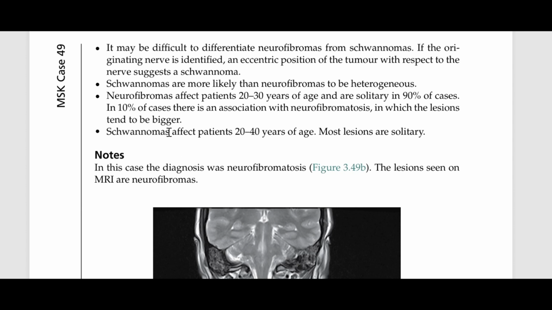Sorry, the opposite is true. Schwannomas are most likely to be a solitary lesion. However, neurofibromas are most likely to be multiple lesions in neurofibromatosis, with an association with neurofibromatosis type 1.